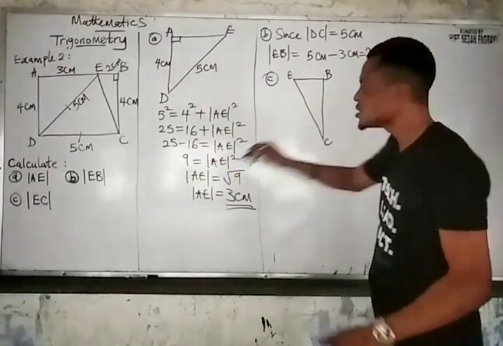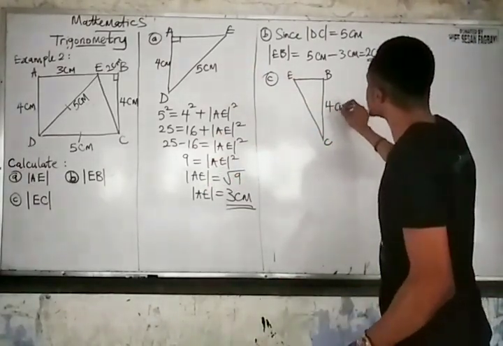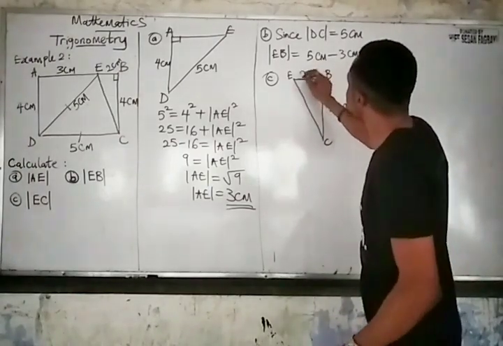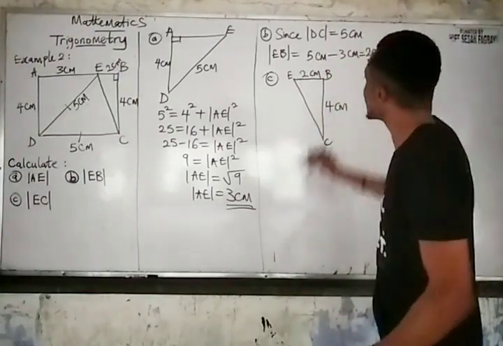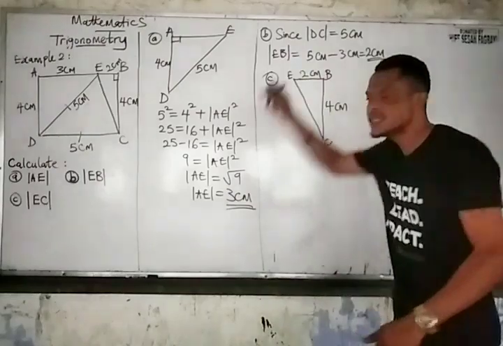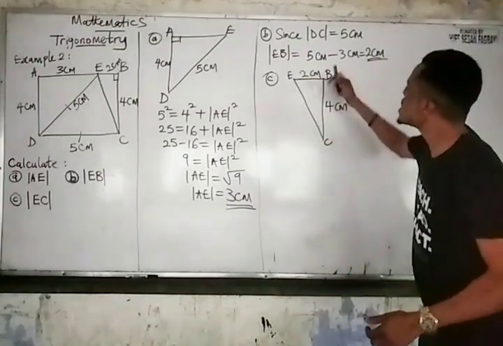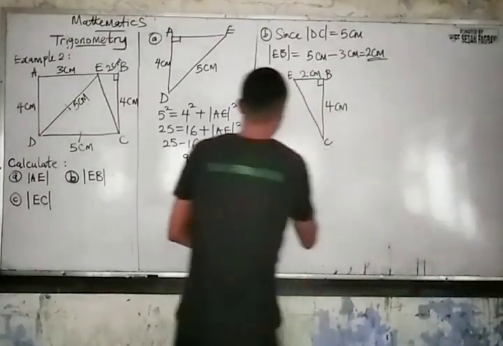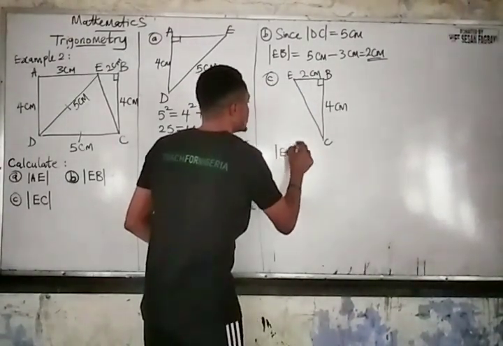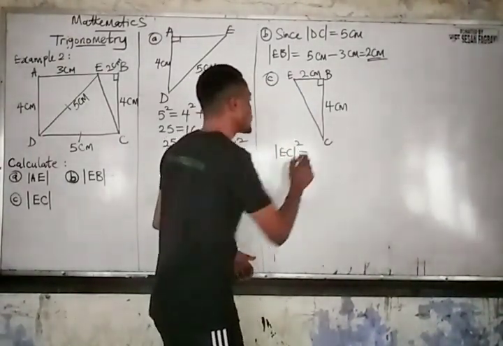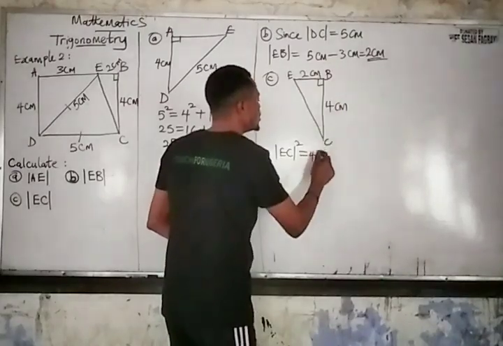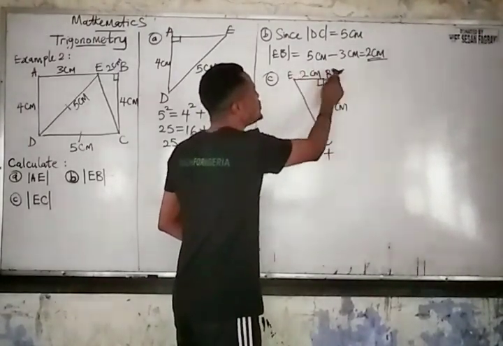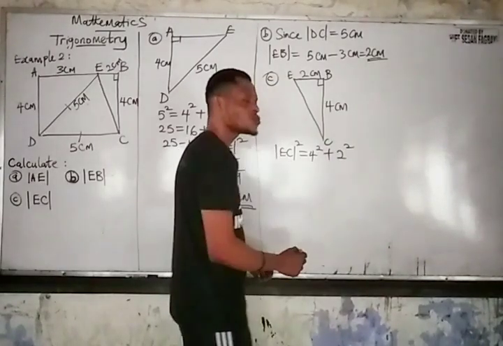From B to C, we have it to be 4 centimeters. Then from E to B, we have it to be 2 centimeters. Now we are trying to find the EC. This is the hypotenuse, of course. So the EC square is equal to the BC square, which is 4 square, plus the EB, which is 2 raised to power 2.